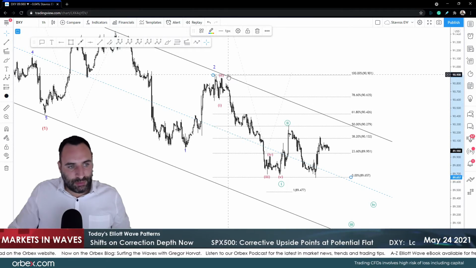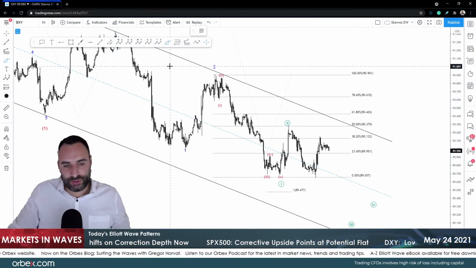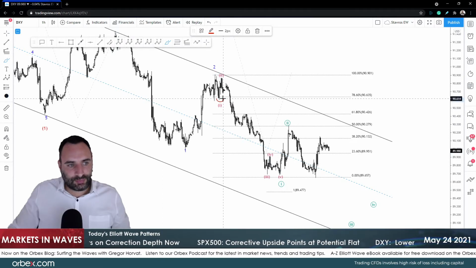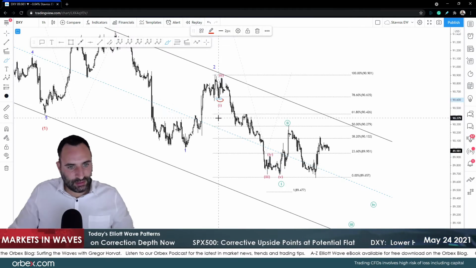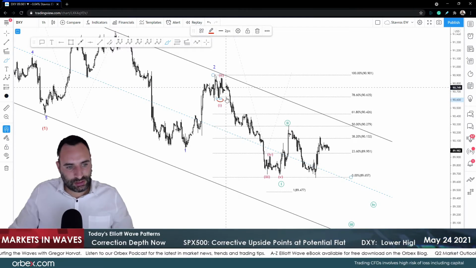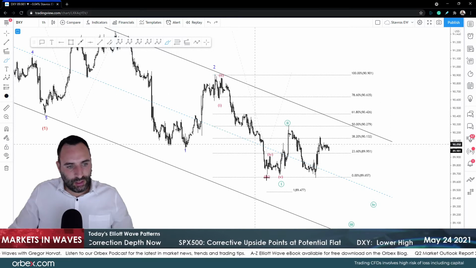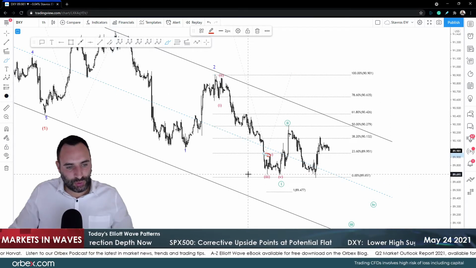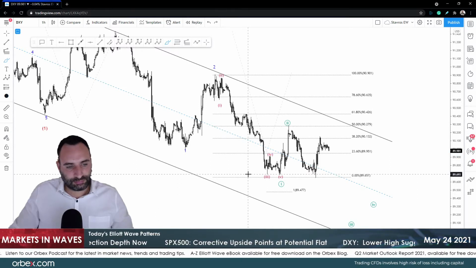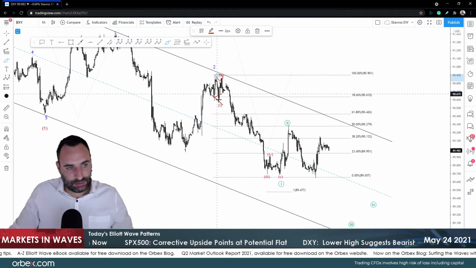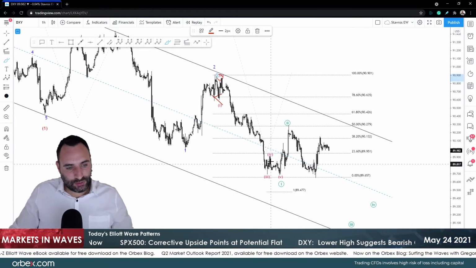Because by pulling the Fibonacci over here, you're going to notice two things. One is that we've done the move down here to the 78.6. And then the other thing is that the move up here is the 23.6. So now we're looking at the wave 2 and the wave 4.